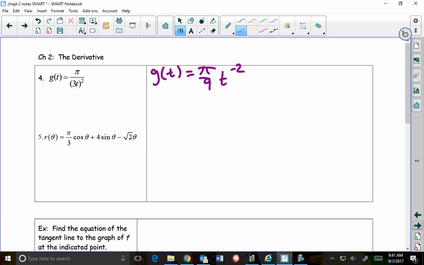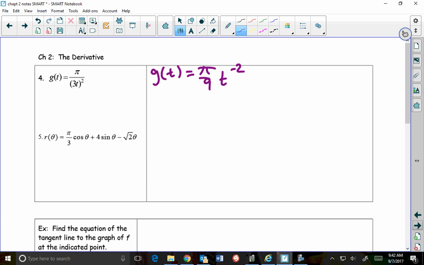Okay, did you rewrite it like that? How did you rewrite it? How do you get my coefficient out in front, right? So you squared it. So I had to get that 3 taken out from the t part. I need the coefficient out in front.